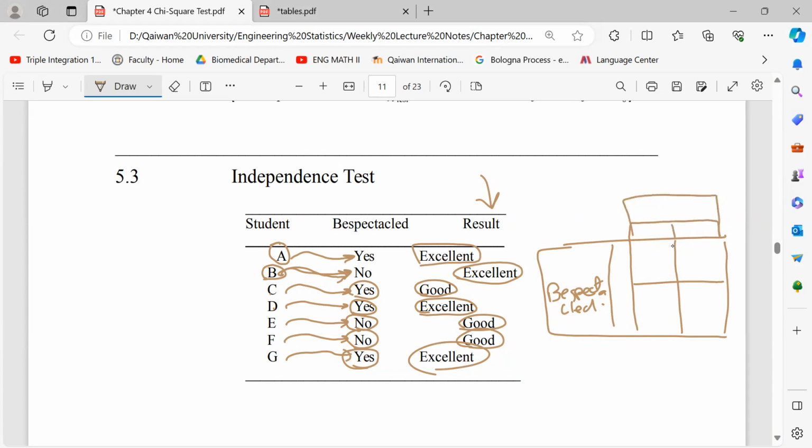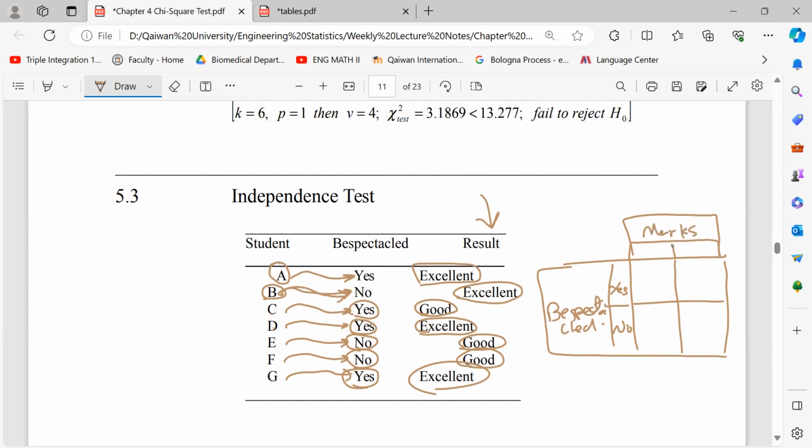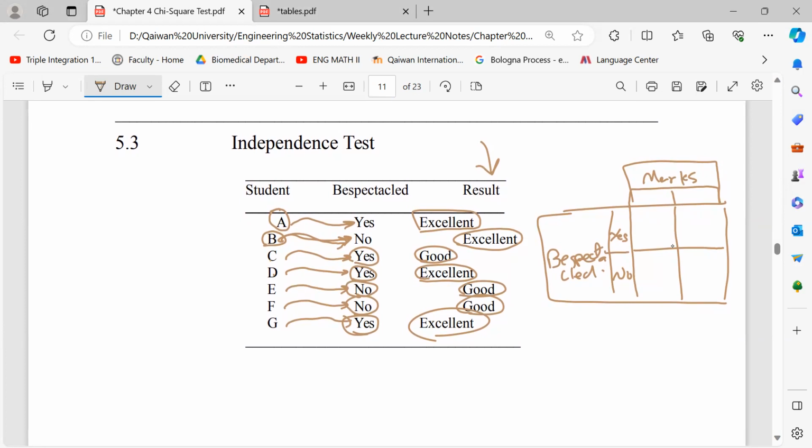We have 2 options for bespectacled: it's either yes or no. And for grades, let's say marks, we have 2 options: either excellent or good. I'm just writing down EX for excellent and G for good.